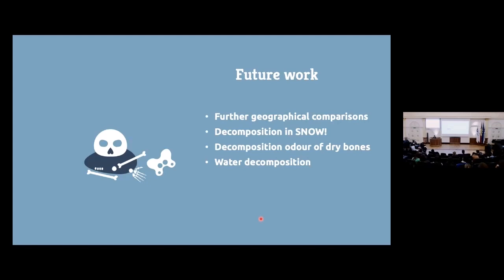So developing a method where we can study the VOC profile in snow would be an interesting find, as well as this study actually focused on analyzing soft tissue decomposition, and it was stopped when the donors reached their skeletal stage. And so actually studying dry bones would also add value. And then decomposition in land and water is quite variable. And so developing a method where we can analyze VOCs from donors decomposing in water would also add value.